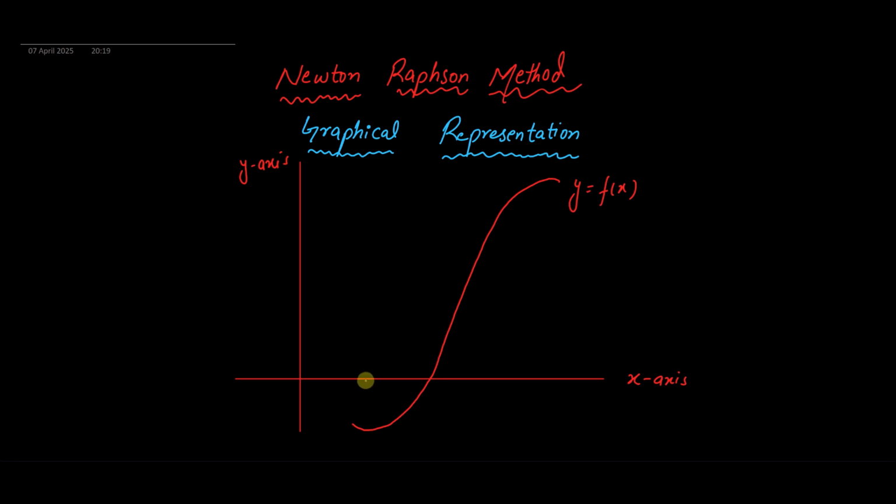So here we have an initial guess that is P naught, that is basically somewhere here. So the point corresponding to this is P naught and f of P naught on the curve. Now we are going to draw a tangent line.